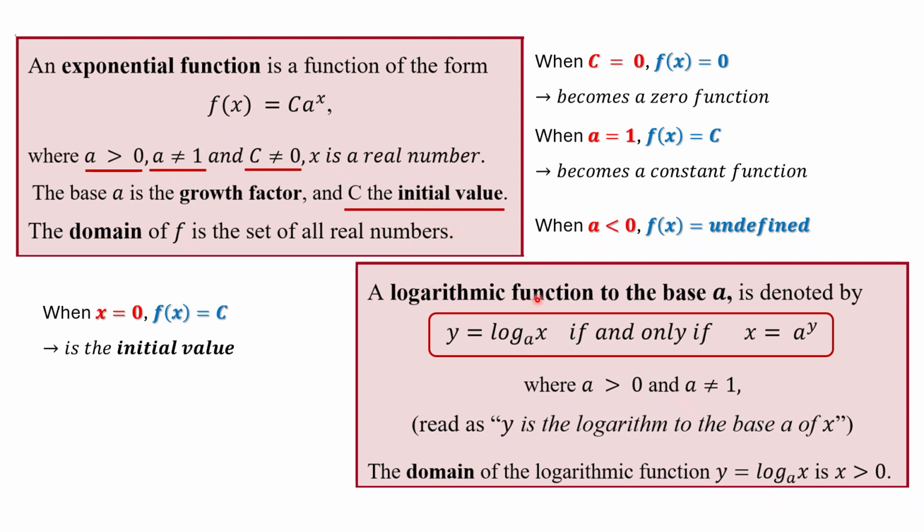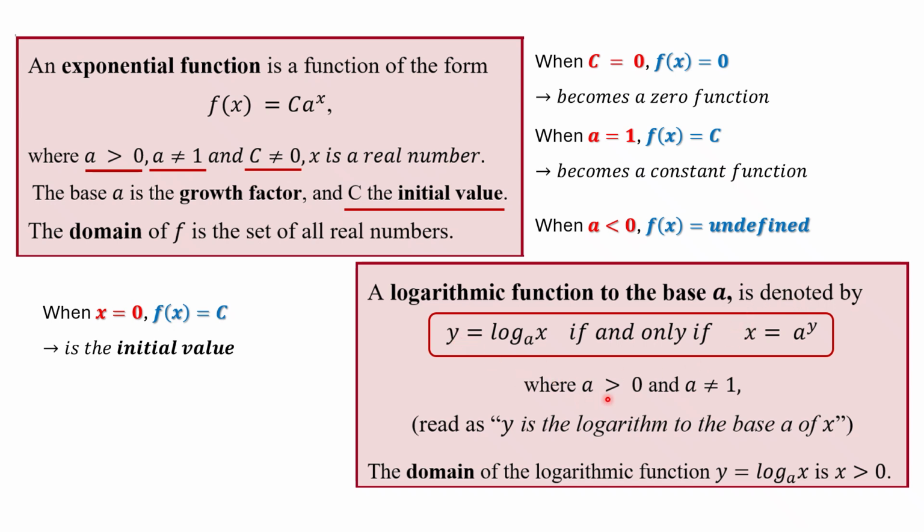And in a logarithmic function to the base a, this is denoted by y equals log base a of x if and only if x is equal to a to the power y. So this is how you will write the logarithmic form to exponential form, and from exponential form to logarithmic form.